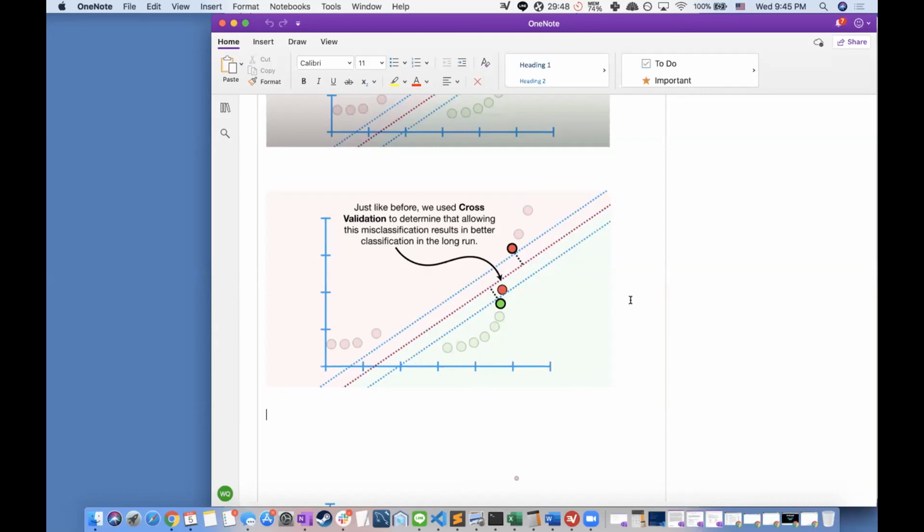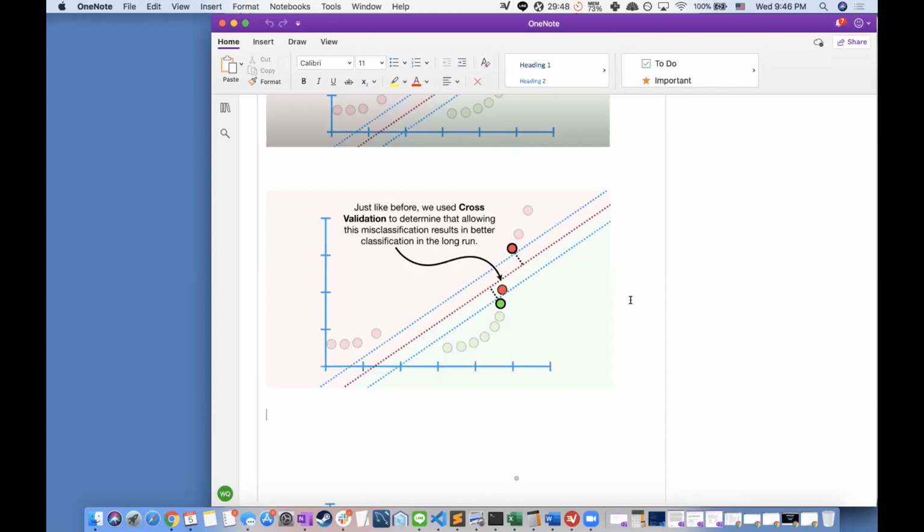Got it now. And you can read more on that on page 154 if you have the book. It says, notice that adding more training instances off the street would not affect the decision boundary at all. It's fully determined, or supported, by the instances located on the edge of the street.